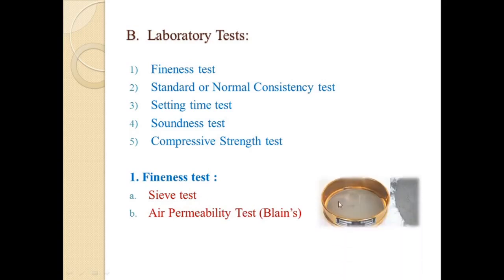This is the 90 micron IS sieve used for calculating the fineness of cement. So let us see the stepwise procedure for finding the fineness of cement using the sieve test.